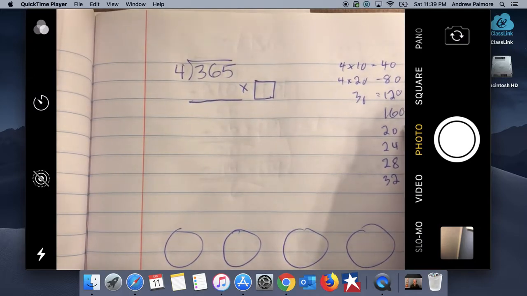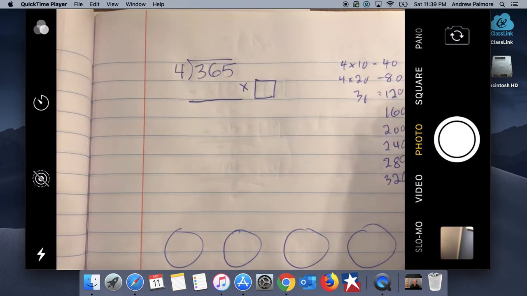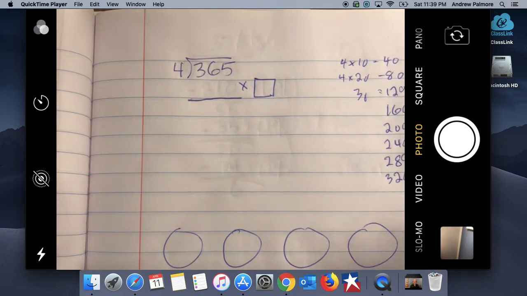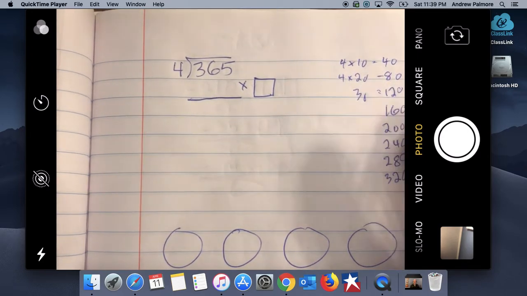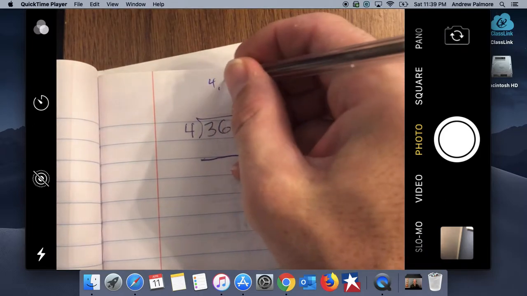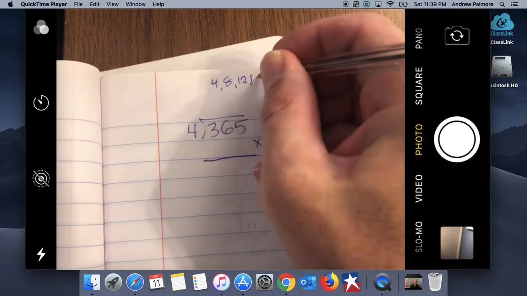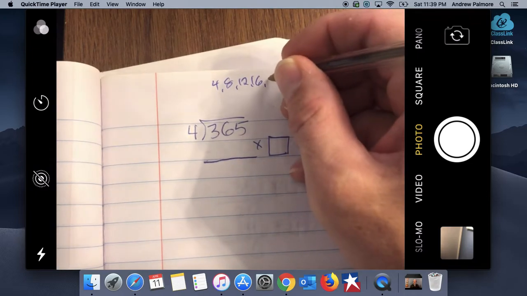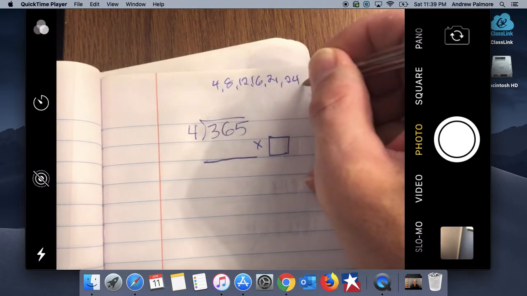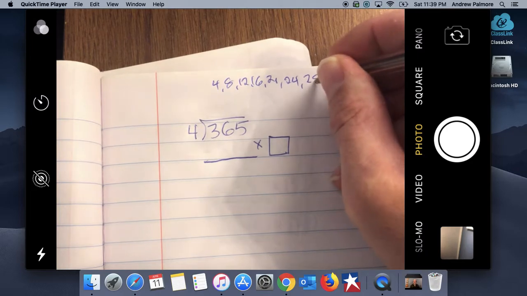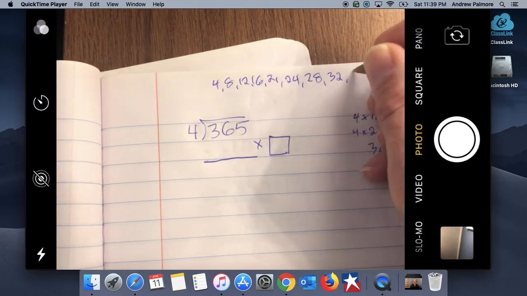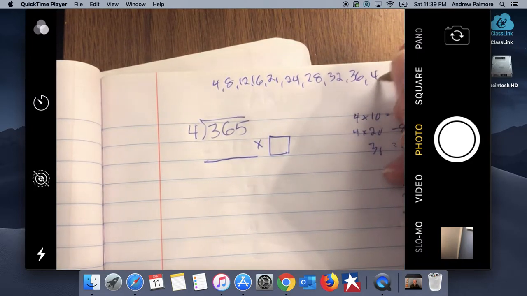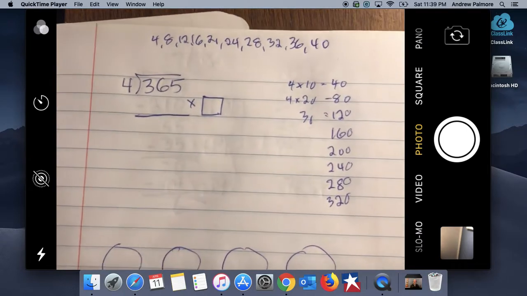Makes 120, 160, and so on. Okay, so if I know my multiples of 4, and what I might do too is just put them across here. 4, 8, 12, 16, 20, 24, 28, 32, 36, 40. Okay, that will be a good resource to have.